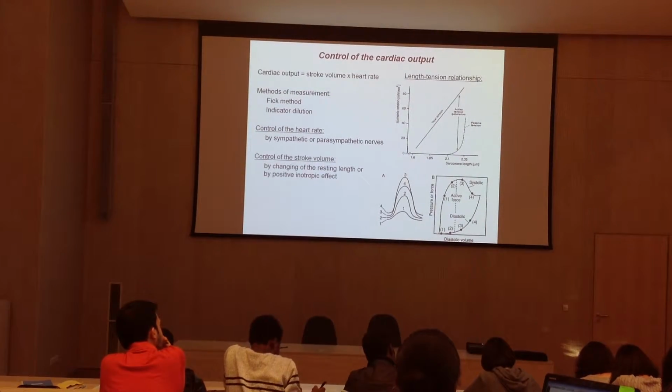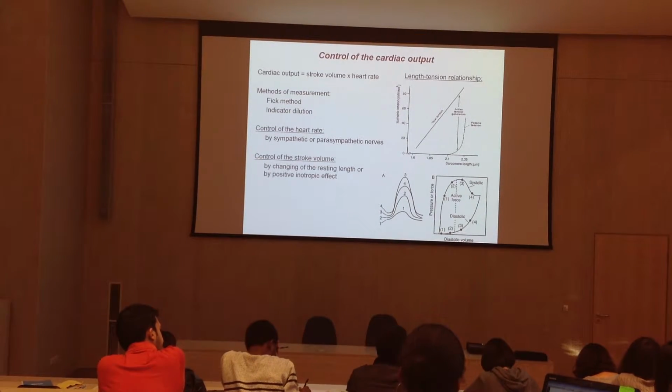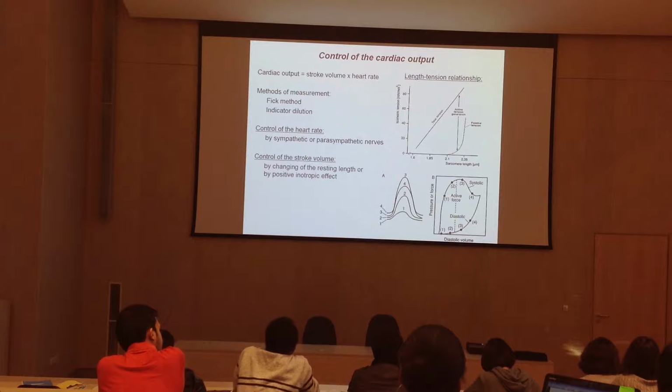If we take a single muscle fiber and we increase the length, it means that we have to stretch the muscle fibers. We can express it that the sarcomere length will be larger and larger, if you can measure the sarcomere length.